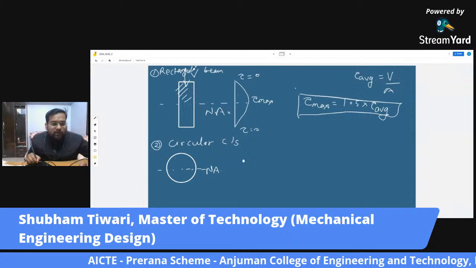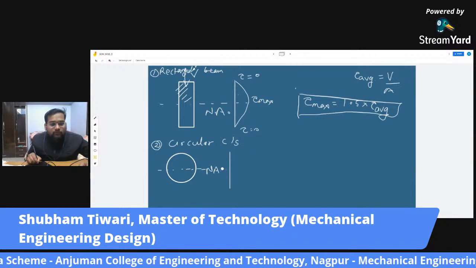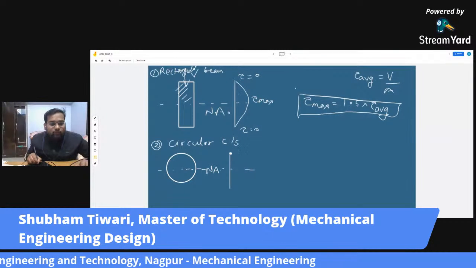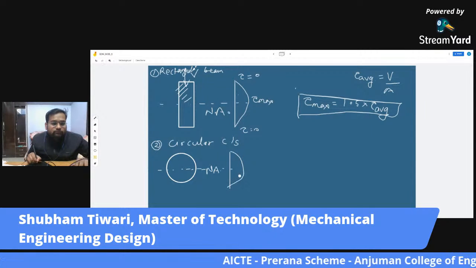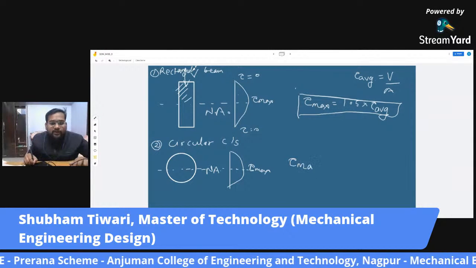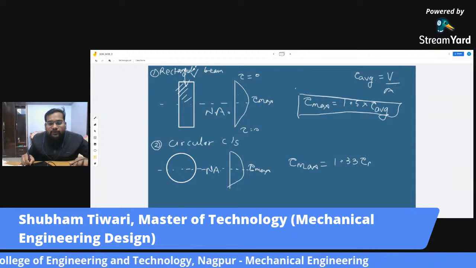Here also, the shear stress varies, and the shear stress will be maximum at the neutral axis. And the value of the maximum shear stress is 1.33 times tau average.